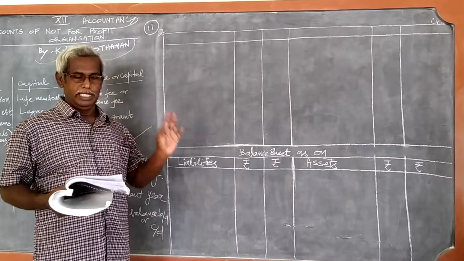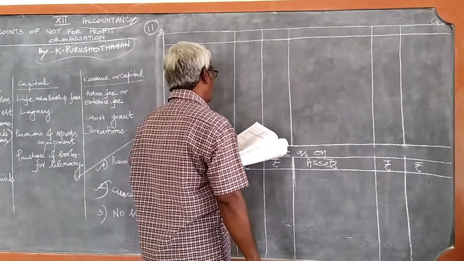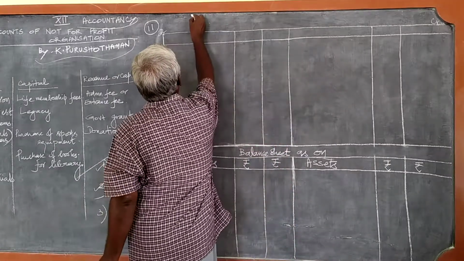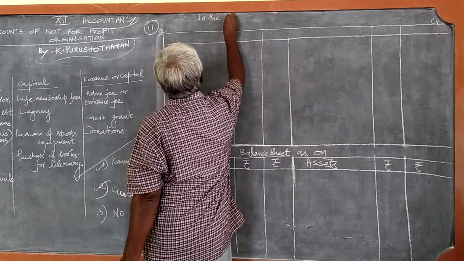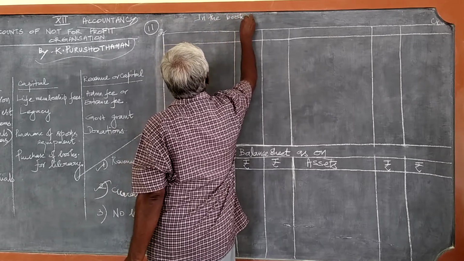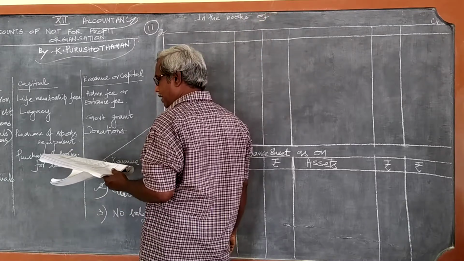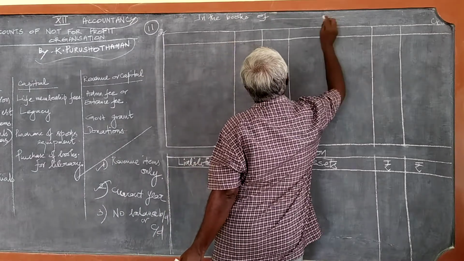You should bear it in mind. Okay, 11, we should prepare now income and expenditure account. What heading we should write? In the books of. If there is any name given, we can write, but in this problem, no name is given.